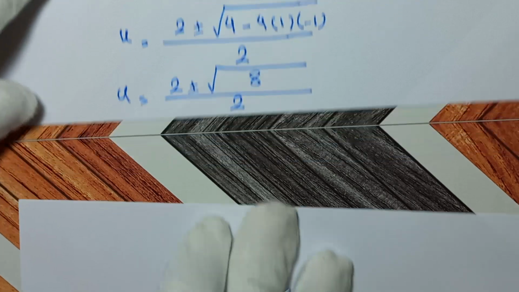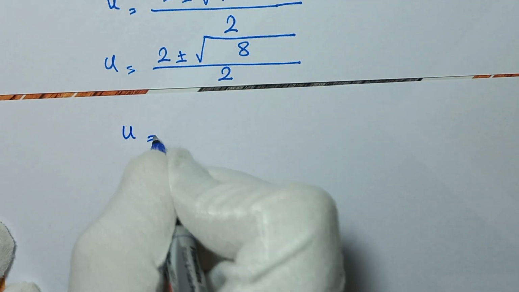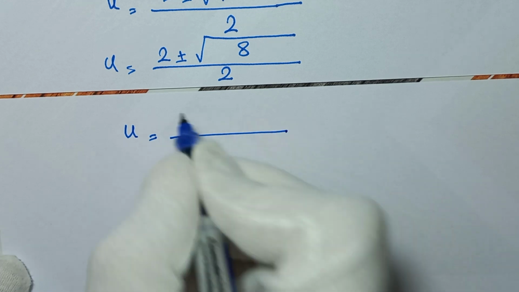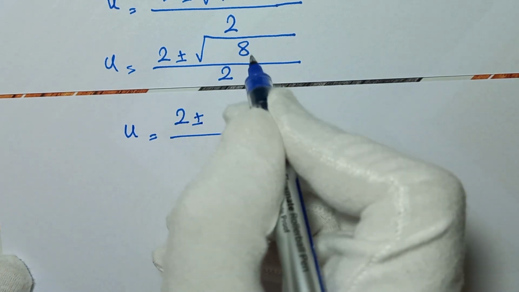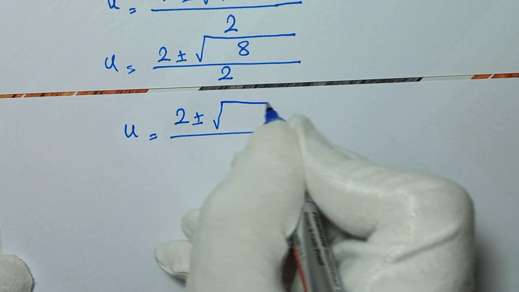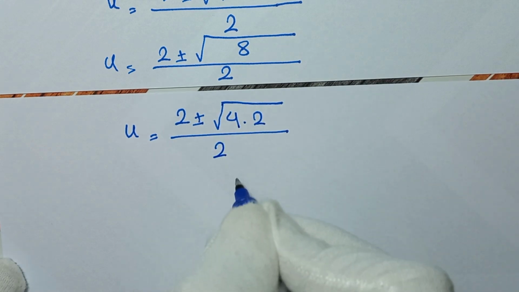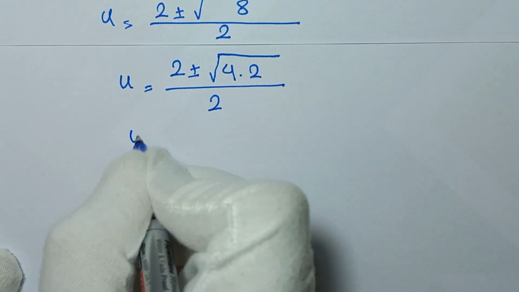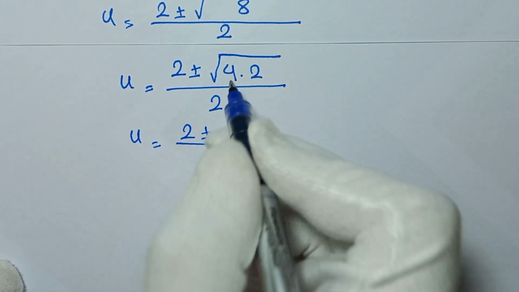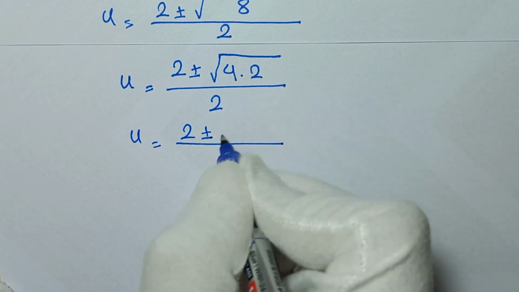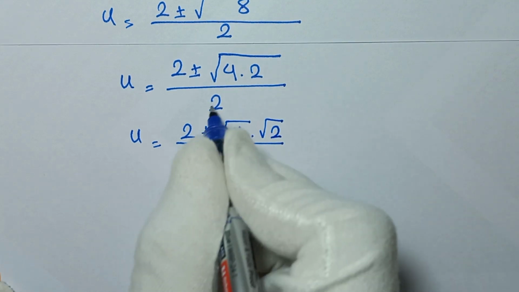And it will be u = 2 ± , here we can write 8 as 4 times 2, right, over 2. So u = 2 ± , we can write the square root of 4 times 2 as the square root of 4 times the square root of 2, right, over 2.